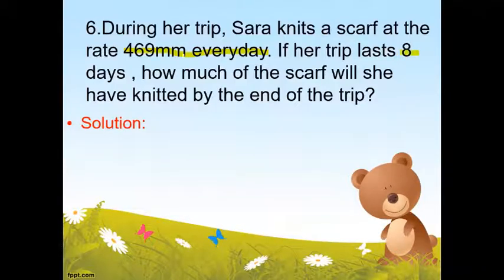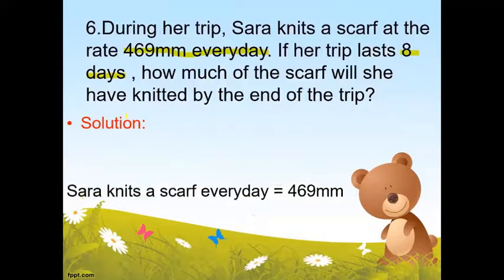So we want to calculate how much she will knit in 8 days. We know about her 1 day knitting and we want to calculate about her 8 days knitting. So again, we will do the multiplication here.